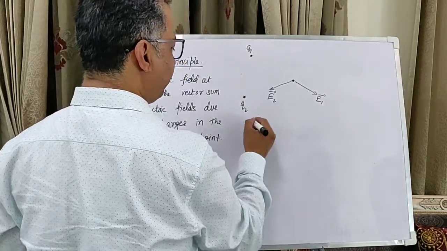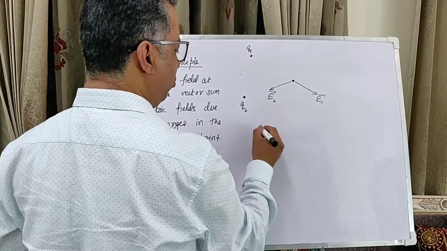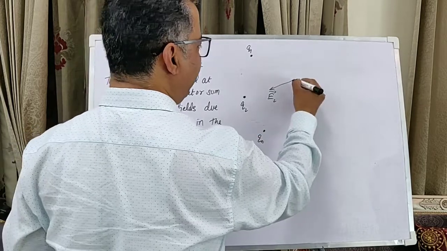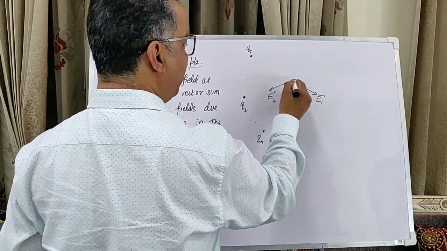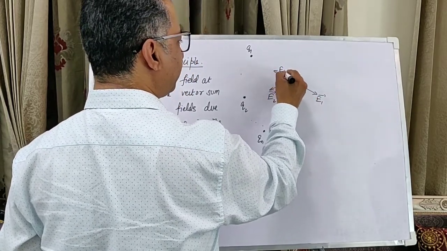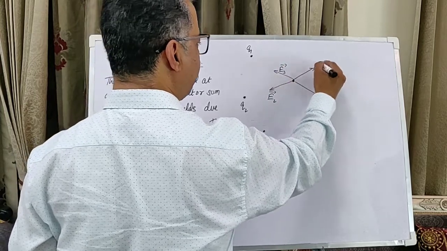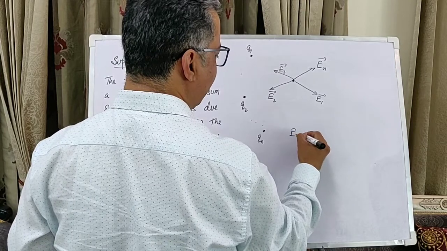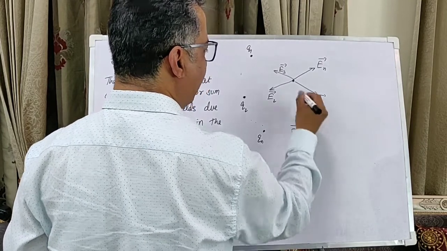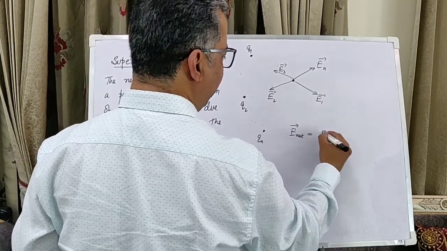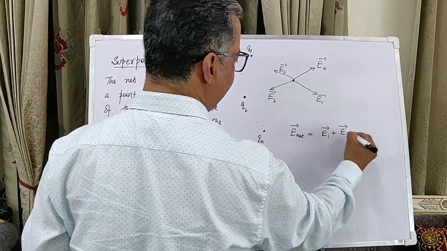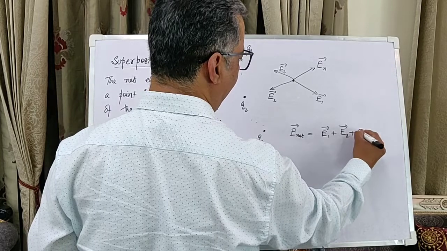If we have a number of charges Q3, Q4 and so on, all the way up to Qn, and we have electric fields E1, E2, E3 and so on all the way up to En, then the net electric field at this location will be a vector sum of all these electric fields.